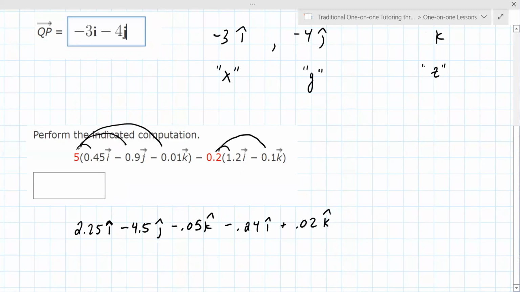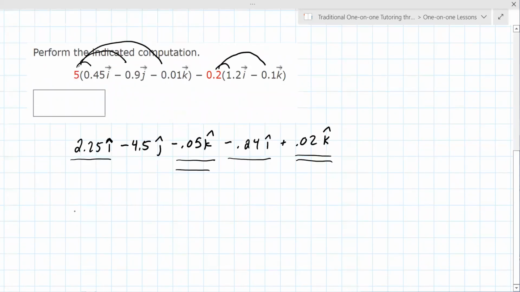Okay. And so you combine like terms. So like the I hats you combine, and then the K hats you combine. So it looks like 2.01 I hat minus 4.5 J hat, and then minus 0.03 K hat.